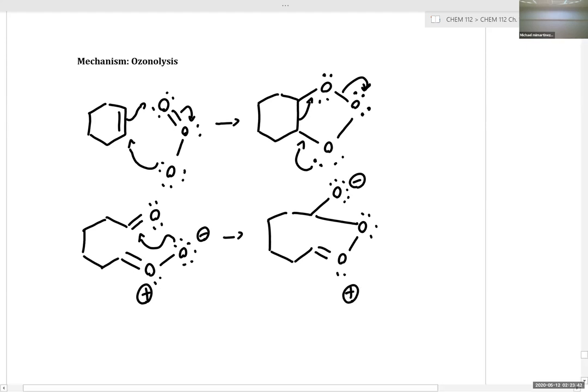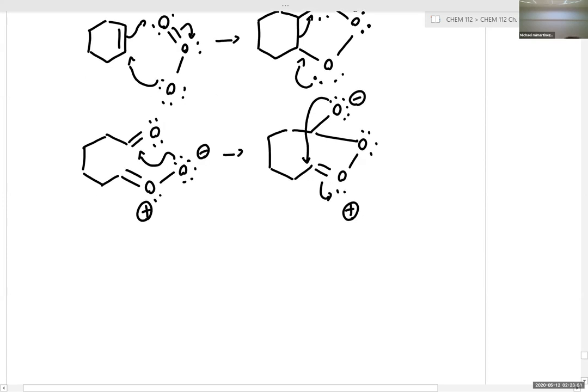Now we have a nucleophilic site and an electrophilic site, and our nucleophile just attacks our electrophile, and in turn we generate the following intermediate. So this is how we actually generate our ozonide.